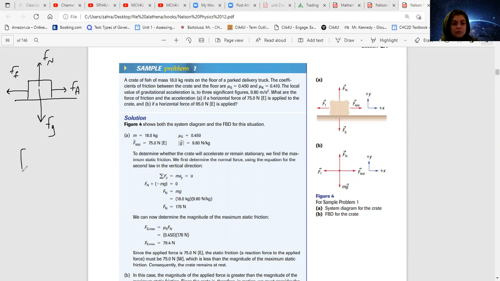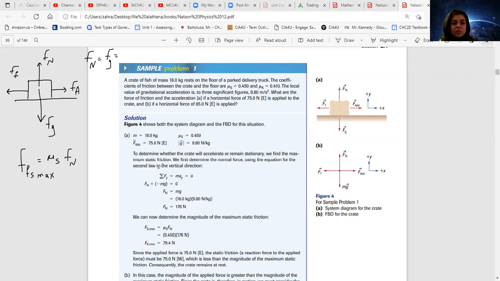So you know the maximum static force of friction, you need to overcome that, right? In order to move your object. It is mu s multiplied by F n. Knowing F n should be equal to F gravity, they need to cancel because your object is not moving up and down.